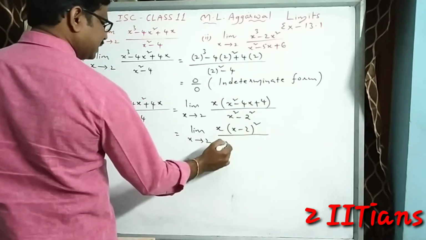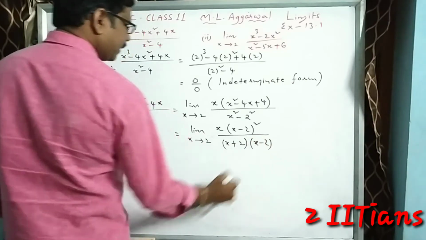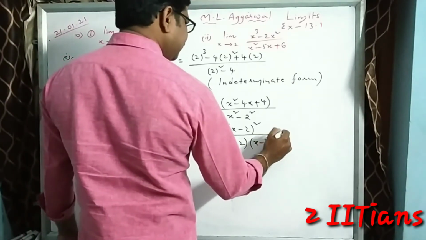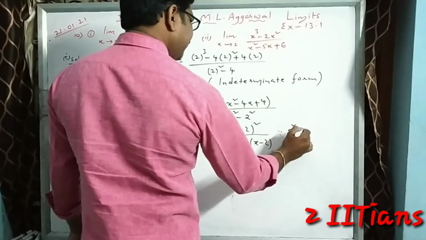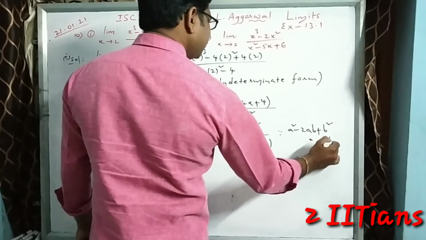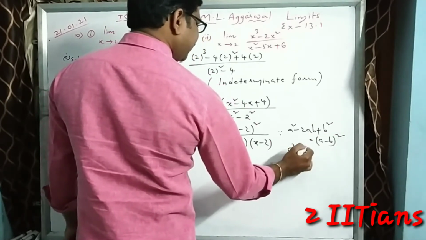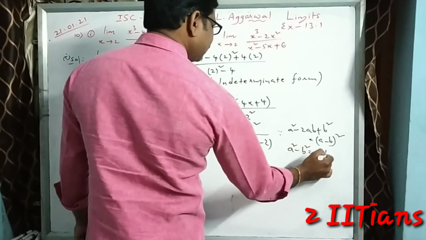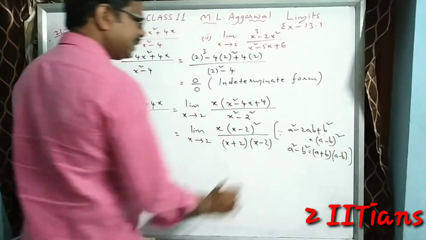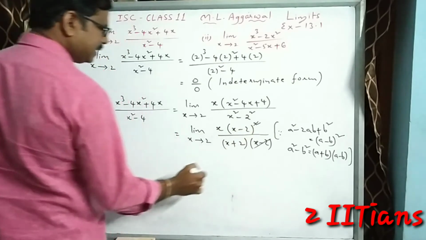Upon this can I write a plus b into a minus b? Since a square minus 2ab plus b square can be written as a minus b whole square, and a square minus b square can be written as a plus b into a minus b. Algebraic formula. We can cut here, one can be cancelled.